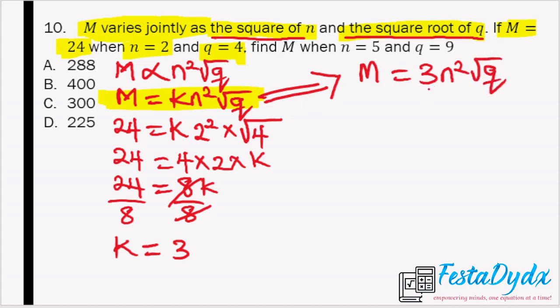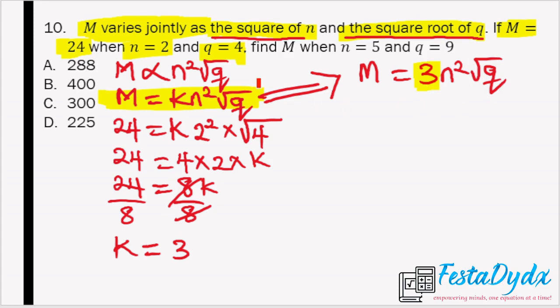So this 3 here is representing the constant k. So it becomes m equal to kn square root q, so m equals 3 n square root q.